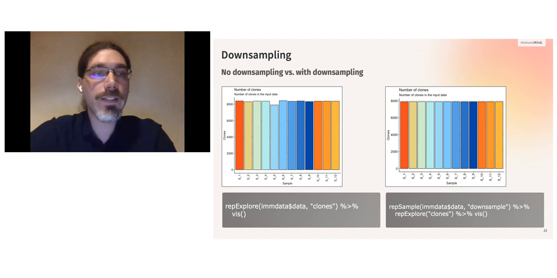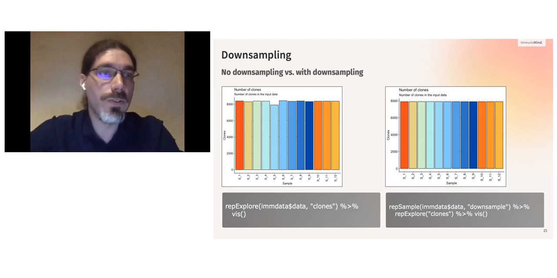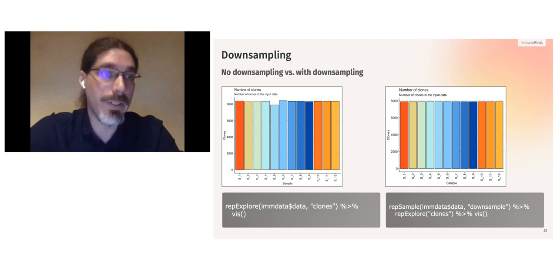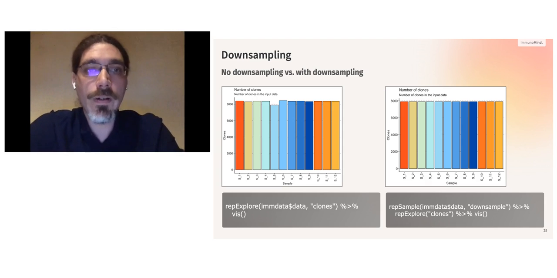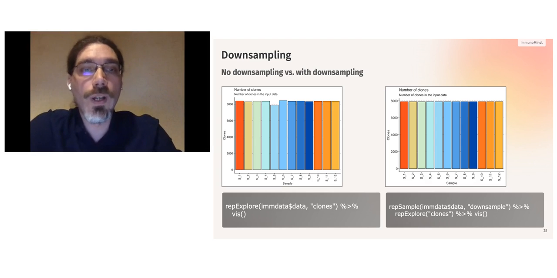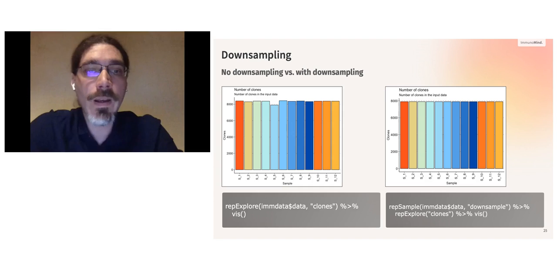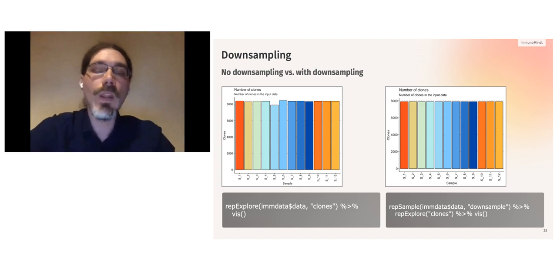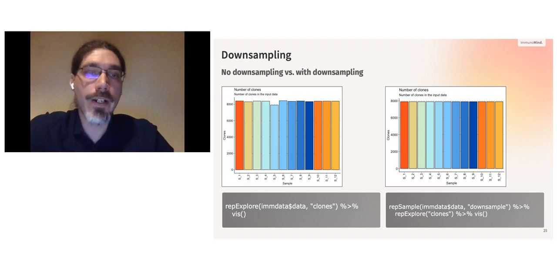On the left side, you can see the distribution of clones from the previous section of exploratory data analysis, so it's without downsampling. And on the right side, you can see the equal distribution of equal numbers of clones after downsampling the data to the smallest repertoire. The code for it is simply repSample applied to the immune data object, with the method name downsample.